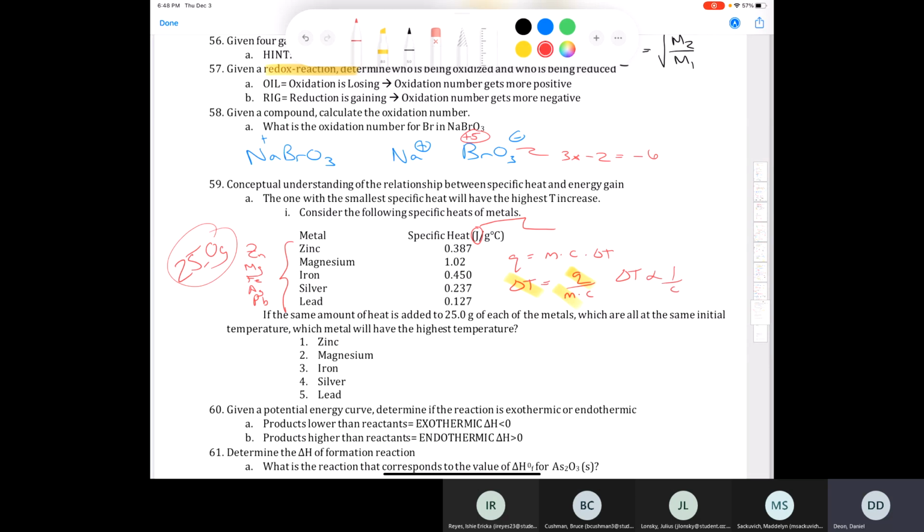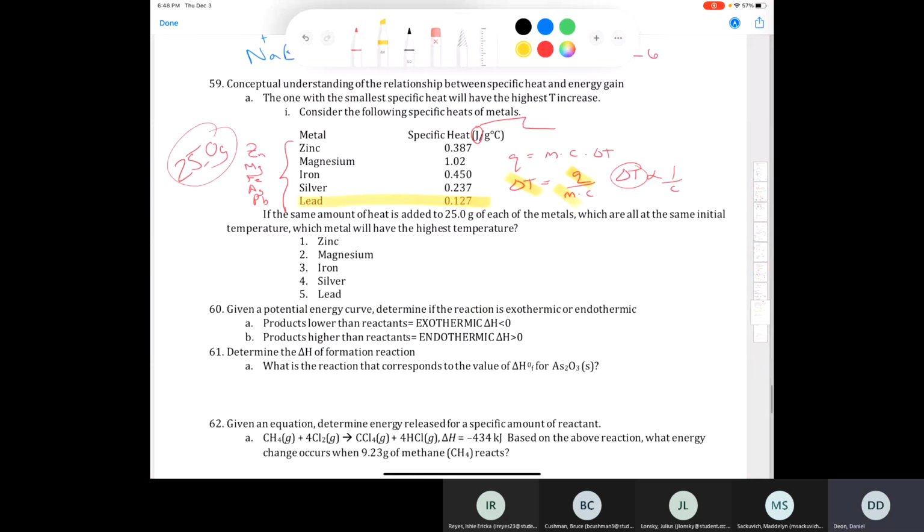So whichever one has the smallest specific heat is going to give you the biggest change in temperature. So out of all of these, it would be lead. Yeah, sorry, the answer is down here.